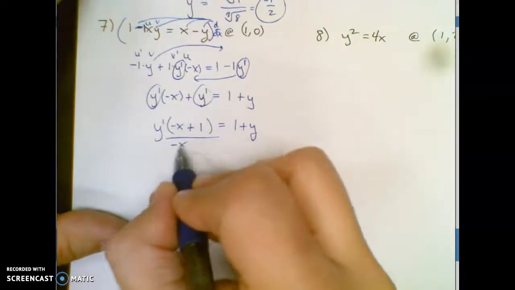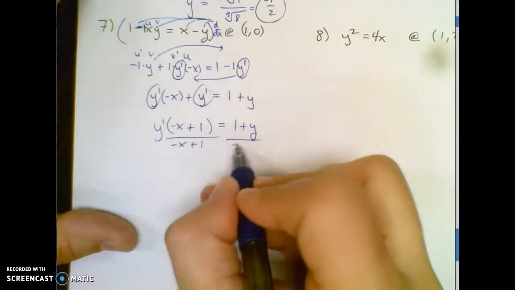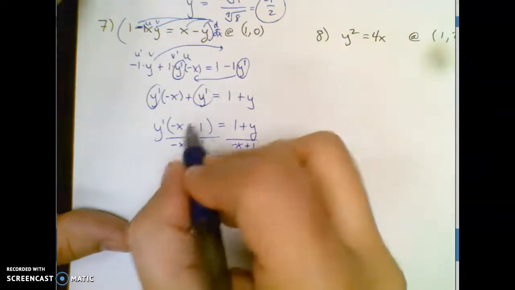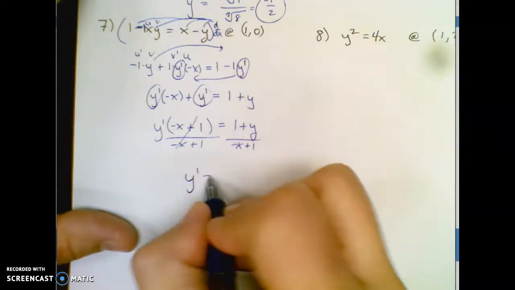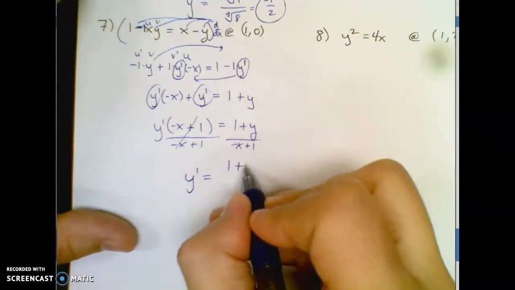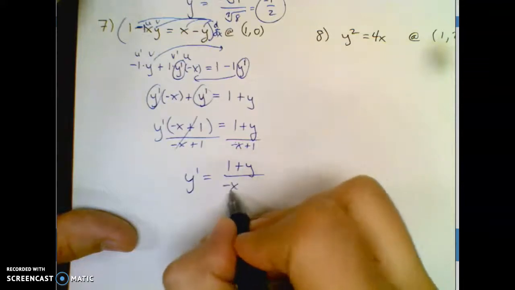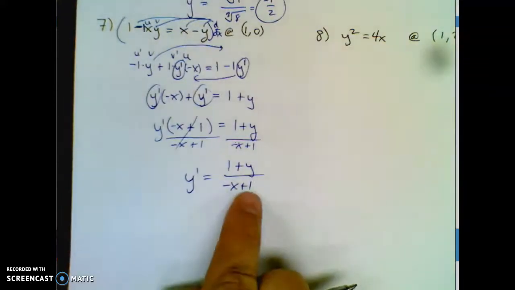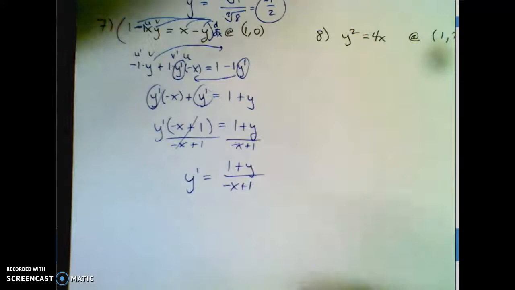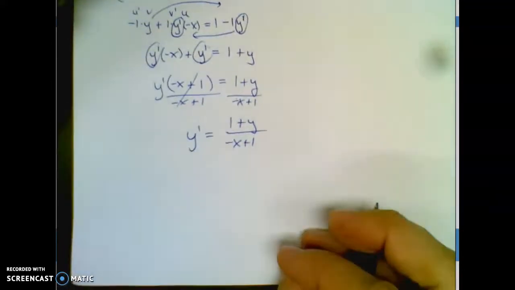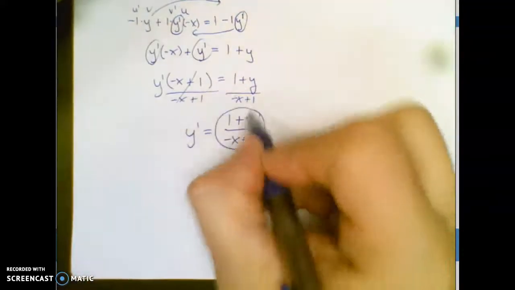Okay, last step. Whatever you do to one side, you've got to do the other, and I've got to get y prime by itself. So 1 plus y over negative x plus 1. Or if you want to write it as 1 minus x, just for your benefit, that's cool. But that's your answer.